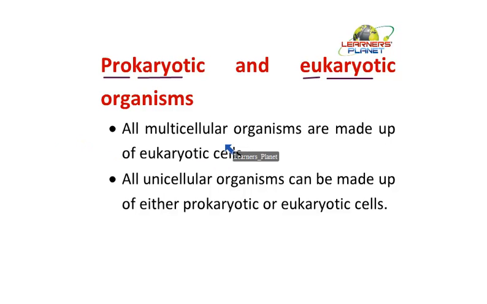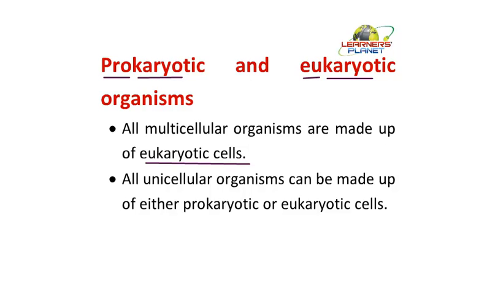So let us start with the point: which organisms contain developed eukaryotic cells. Generally, all multicellular organisms are made up of eukaryotic cells. You can think of certain examples in our surroundings.